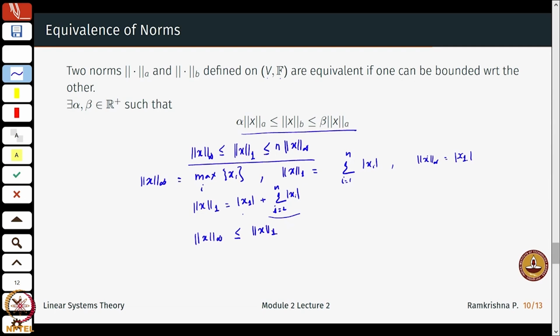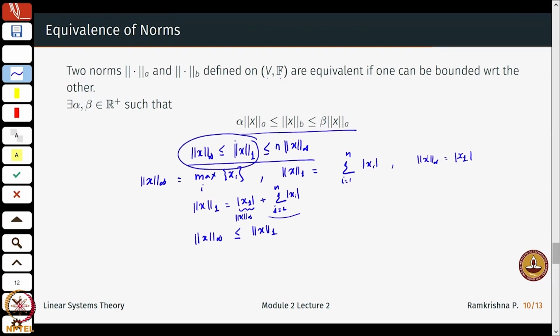That is okay, right? So, this is the 1 norm, this is the infinity norm. Because this guy here is my infinity norm. So, the first part of the inequality is done.